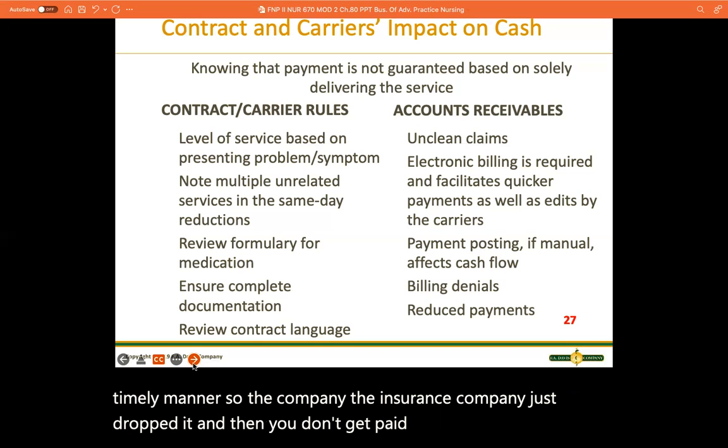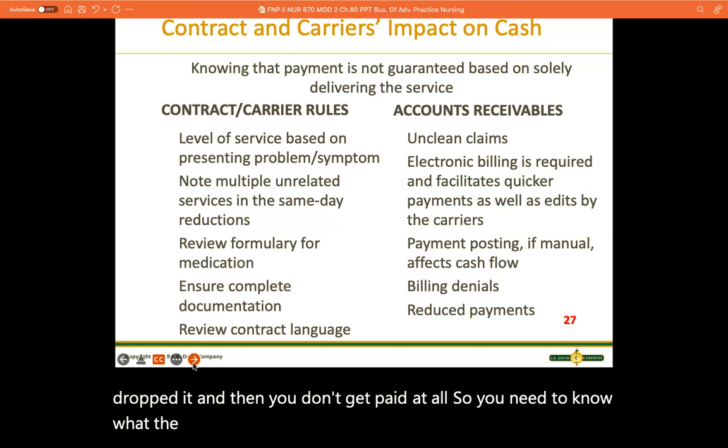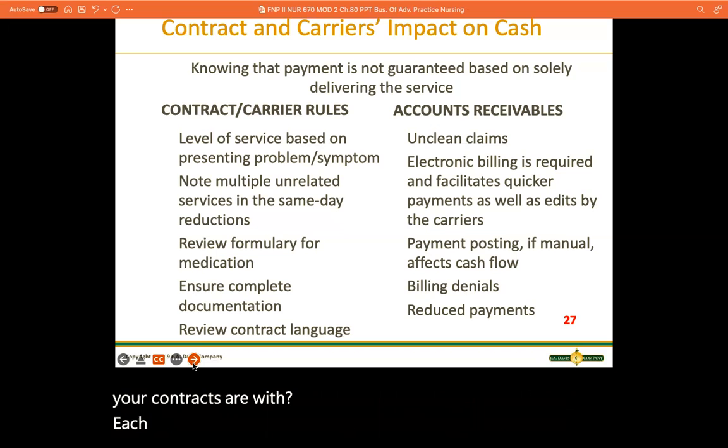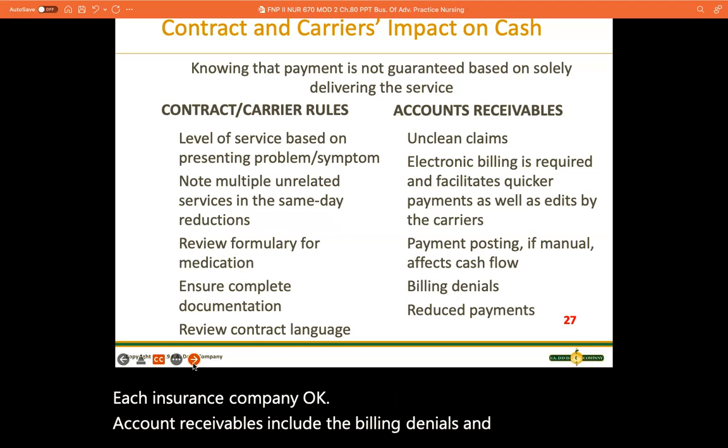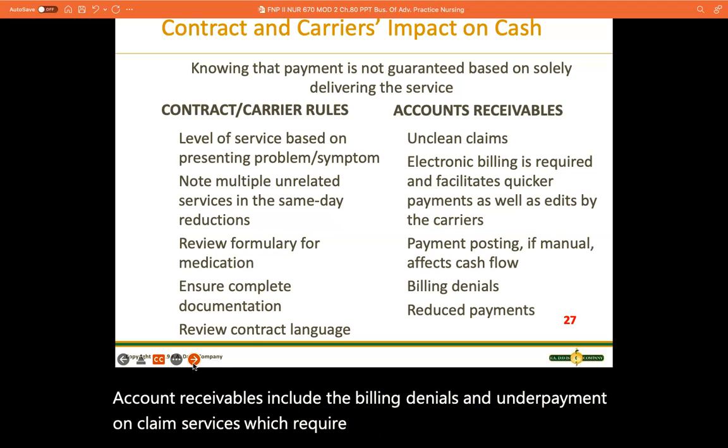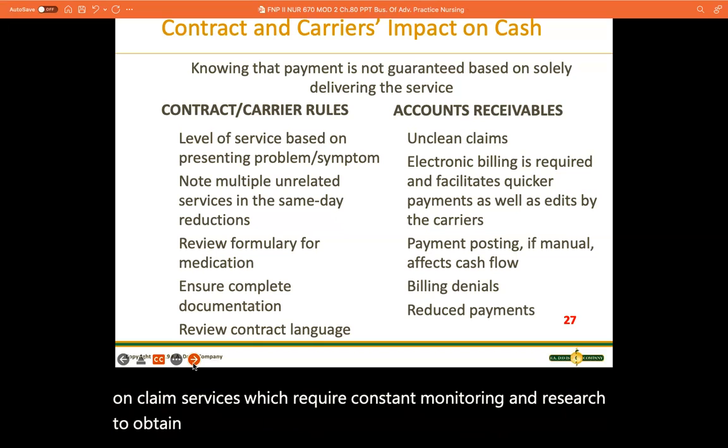So you need to know what the carrier's rules are that you're working with, what your contracts are with each insurance company, okay? Accounts receivable include the billing denials and underpayment on claim services, which require constant monitoring and research to obtain a contracted payment date.